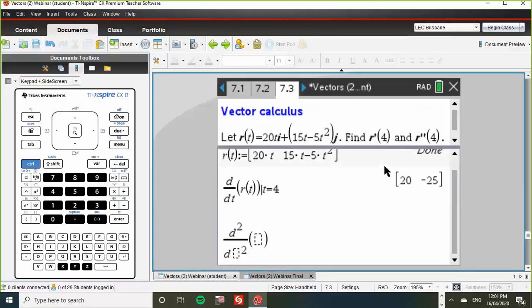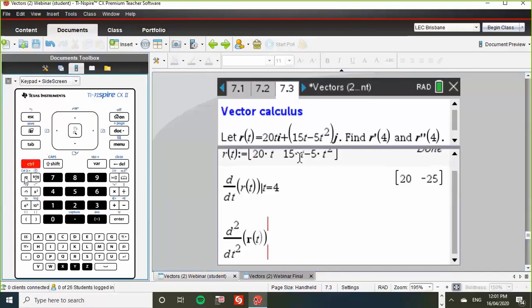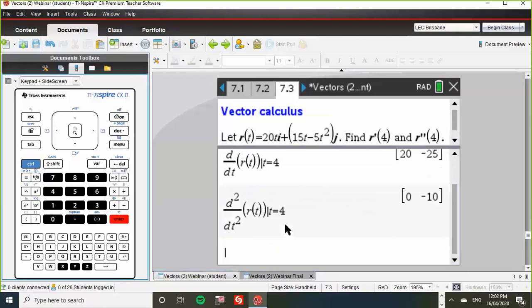So press enter, put a t in there, then in this box I'm going to put in r of t, come outside, and then press control equals 1 to the left, choose given or with given, t equals 4, press enter, and the acceleration vector at t equals 4 is 0i minus 10j. That's actually the acceleration due to gravity, using gravity acting downwards as 10 meters per second squared.